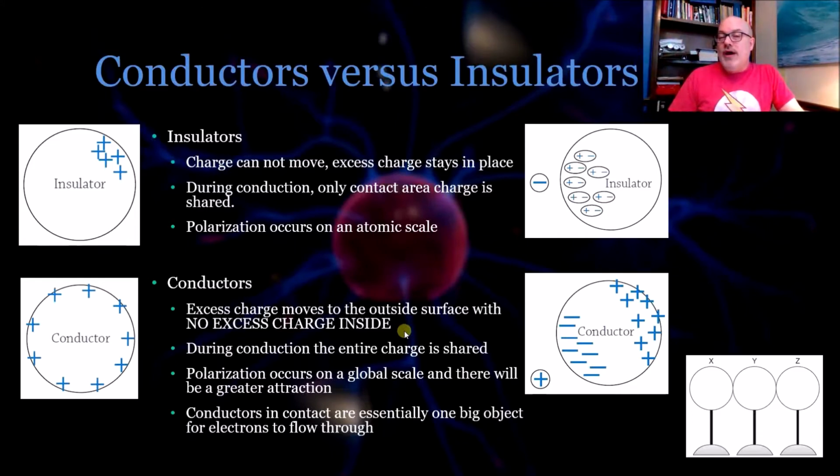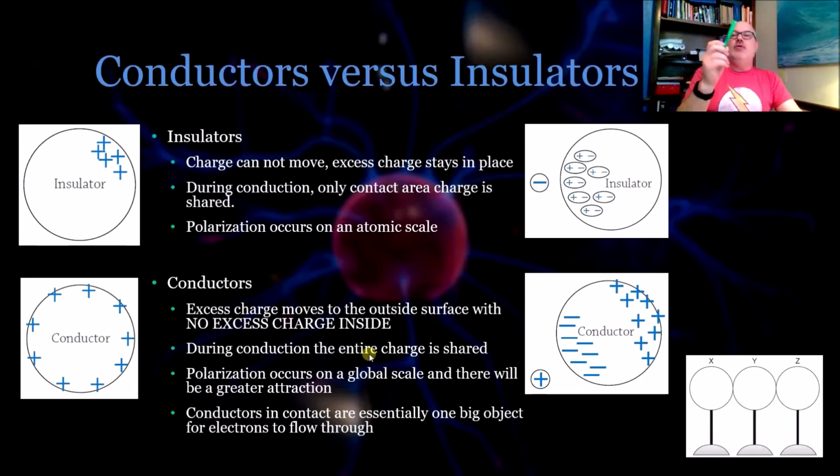And we'll talk more about that later, why that has to occur. Turns out it has to do with electric field and electric potential. Now, when you touch a charged object to a conductor, or you touch two conductors together that have excess charge, it's shared equally throughout the entire surfaces. They share the charge entirely, not like an insulator.